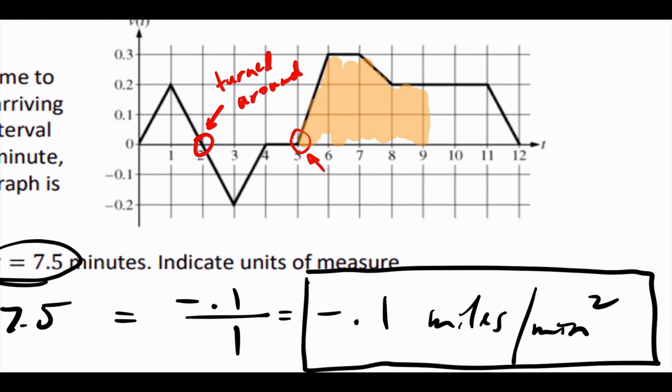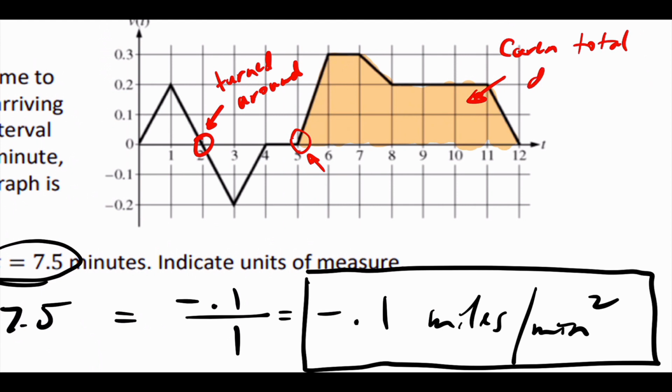So this is the area we need to find for Karen. That'll tell us total distance from her house to school, because after she left for the second time, she didn't do anything else. She went right to school. So we've got to find area there.